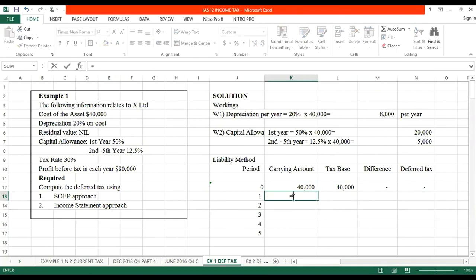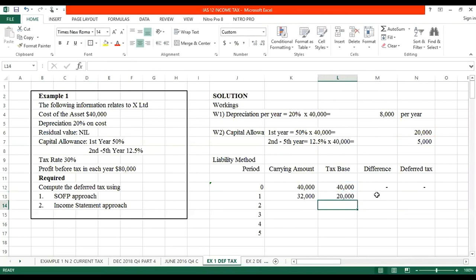Year 1. At the end of year 1, please understand me. What is carrying amount? Cost of the asset. The cost of the asset was 40,000 minus the depreciation at the end of year 1, which is 8,000. You can see that. It gives you 32. Now, the tax base is the cost of the asset minus the capital allowance in year 1, which is 20,000.